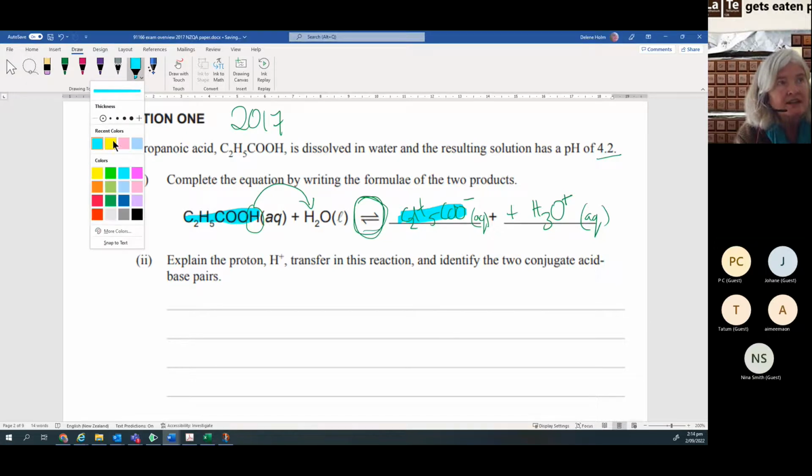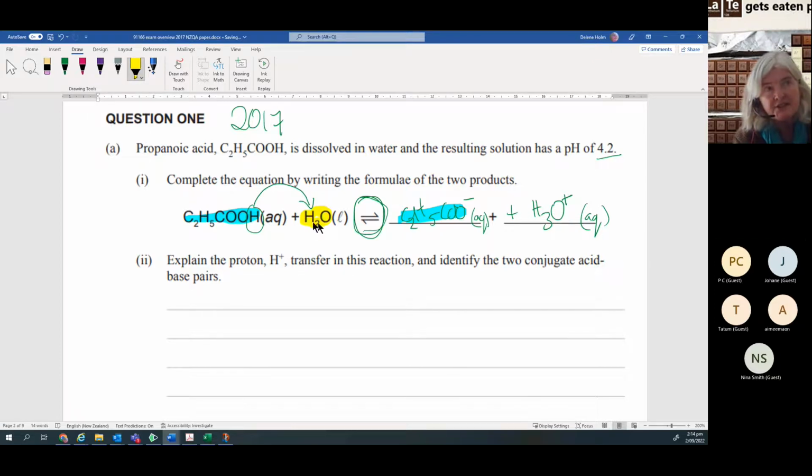And similarly, this was the base because it accepted the proton, and therefore once it's accepted the proton, it forms its conjugate acid.